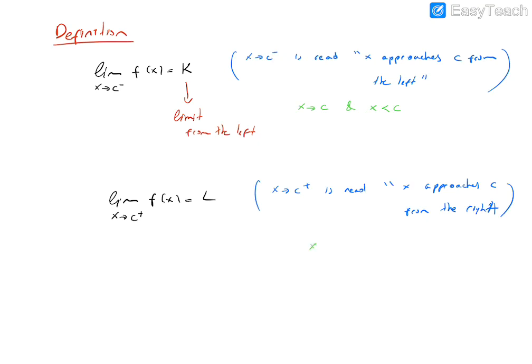Mathematically, that means x approaches c and x is bigger than c. And here L is the limit from the right. Now we can state the relation between the limit and the one-sided limits.